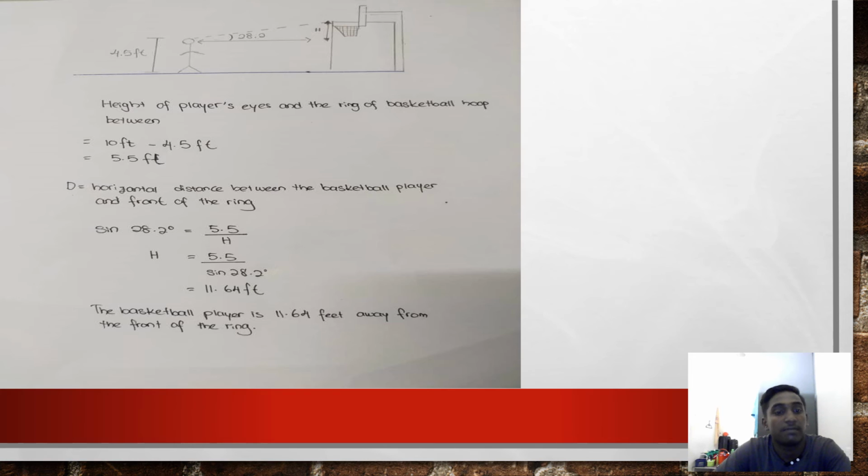Hypotenuse equals 5.5 over sin 28.2, which equals 11.64 feet. The basketball player is 11.64 feet away from the front of the ring.